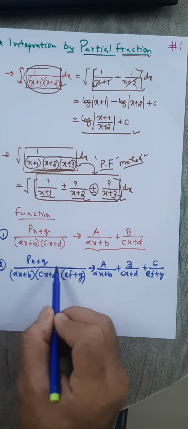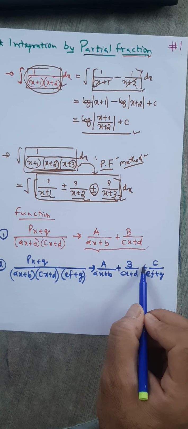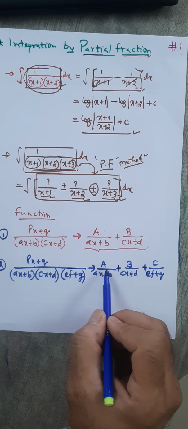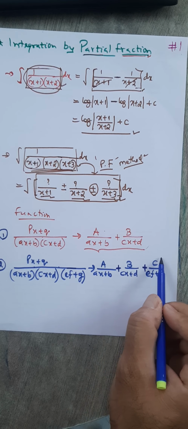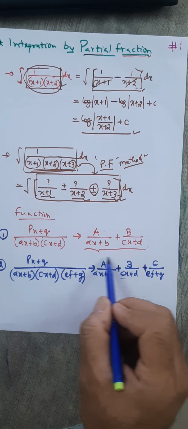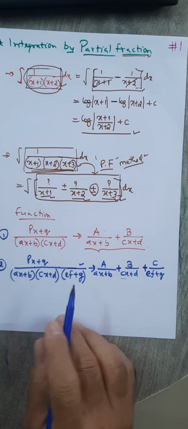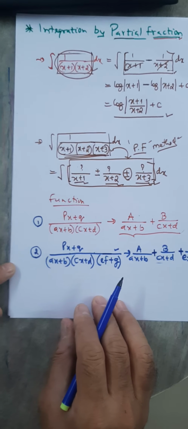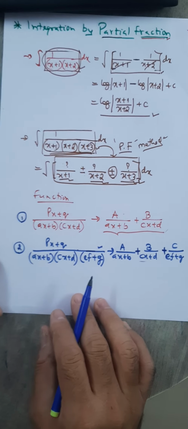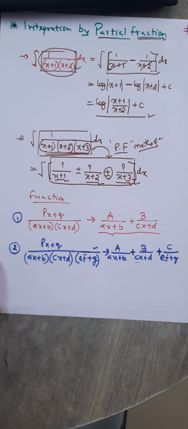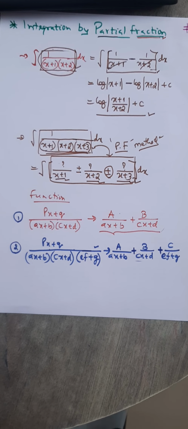So here a product has been expressed as a sum or a difference, and A, B, C we find in such a way that if I take the LCM here, I get exactly this. Fine. So you may have 2 linear factors or 3 linear factors, that's not important in the denominator.